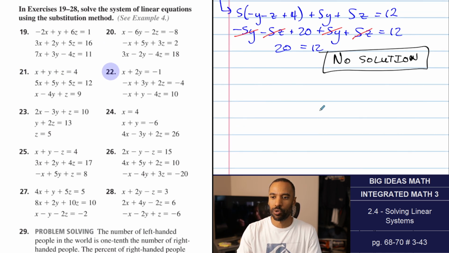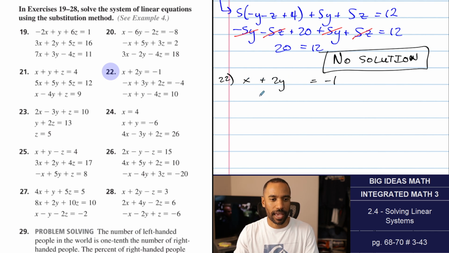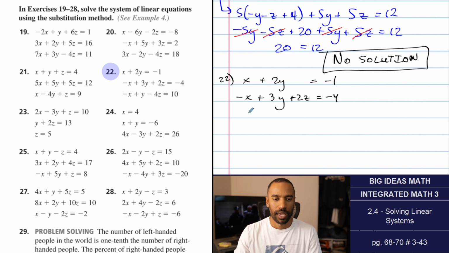Number 22. X plus 2y equals negative 1. Good start. No z. X plus 2y equals negative 1. And then negative x plus 3y plus 2z equals negative 4, and negative x plus y minus 4z equals 10.